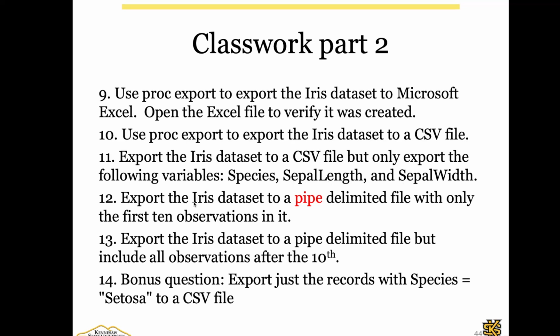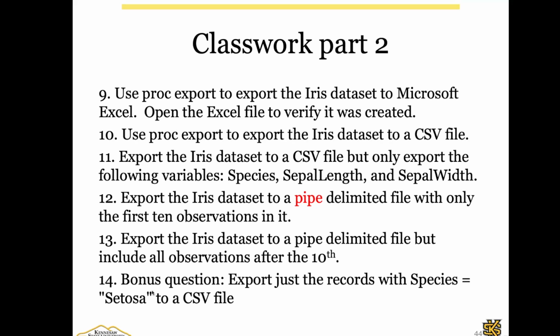And then we would like to export it with the pipe delimited version, with only the first 10 observations, and the 13th, export the iris set to a pipe delimited file, but include our observations after the 10th.